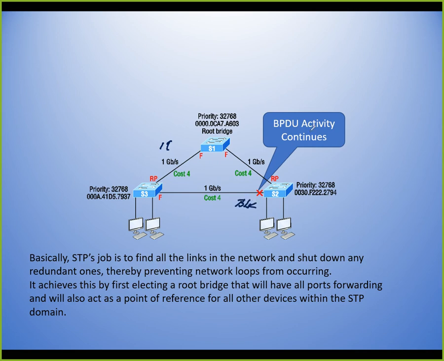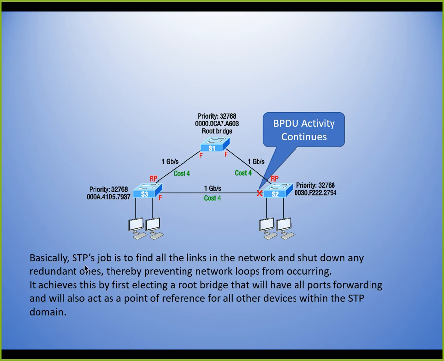But the BPDU activity still continues, so that if something happens to one of these others, it goes down, it can communicate, and the protocol will allow it or force it or bring it up so that it now completes the path, the new path that we would have in this thing.